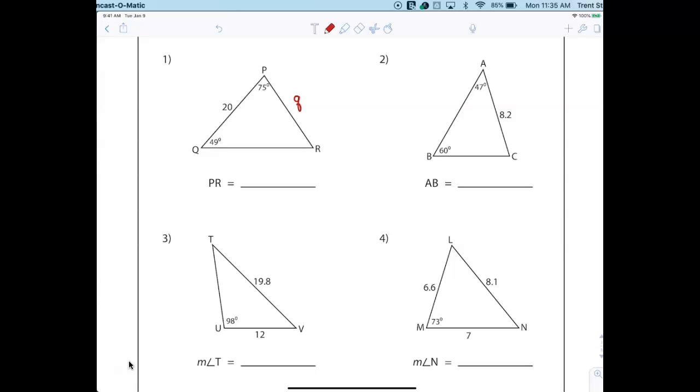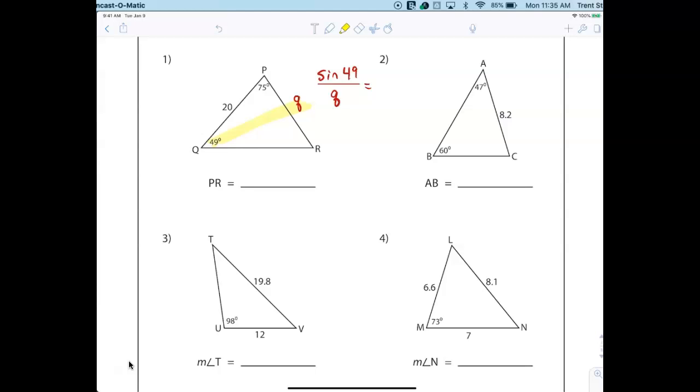Okay, so you sine 40. Yep, sine of 49 over what? Yes, perfect. Now they're trying to trick you here. So now you need a side and an angle.